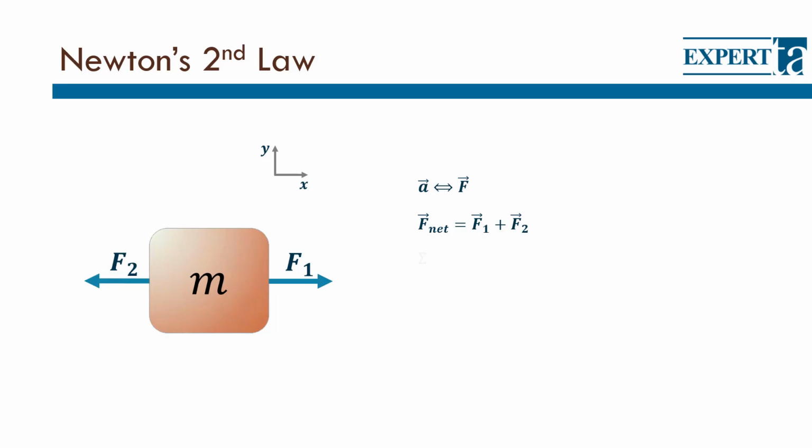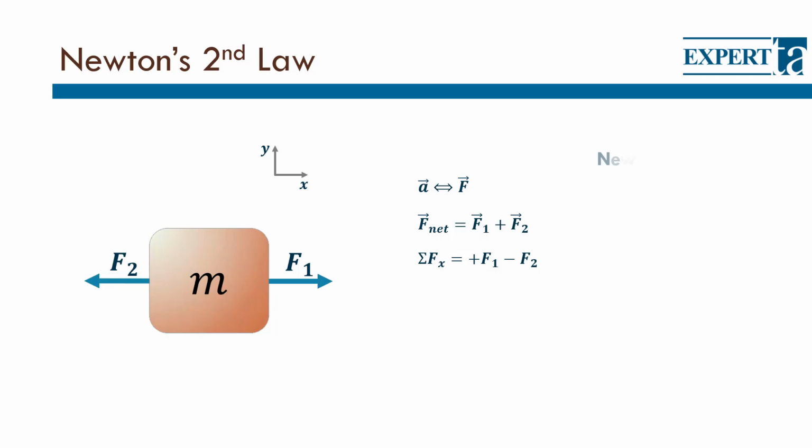The sum of all forces in the x direction is the component of F1 in the x direction, but in this case F1 is all in the positive x direction, so that is plus F1 to the right, and F2 is all along the negative x direction, so you have a minus F2. You can see that F1 and F2 are pointing in opposite directions, so there should be a relative negative sign between the two.